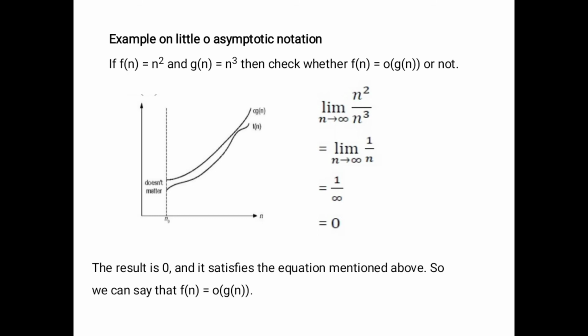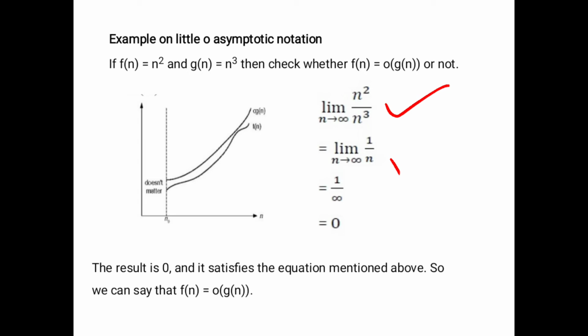Then use the formula, where n square is f of n and n raised to 3 is g of n. Substitute the values of f of n and g of n, and simplify: n square by n cube gives 1 by n.